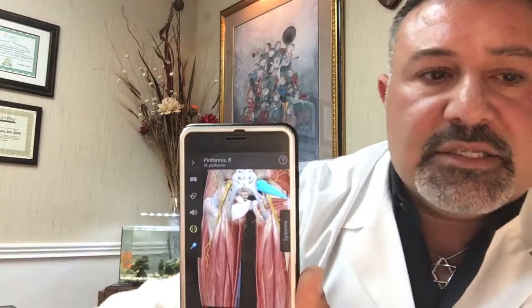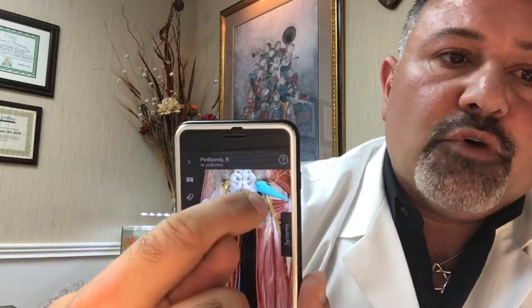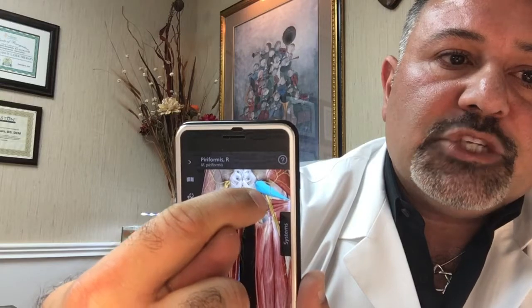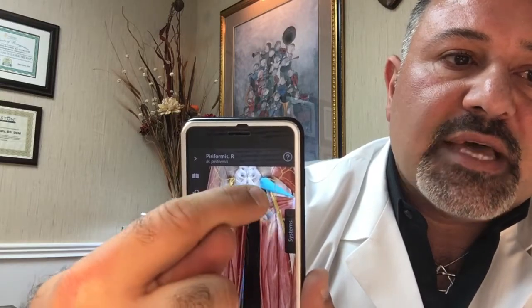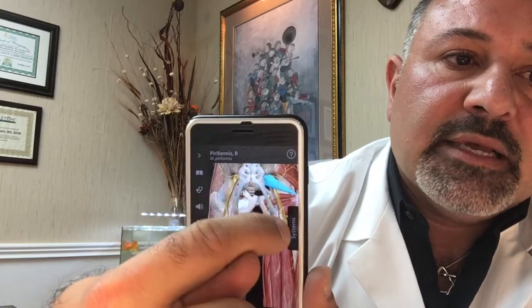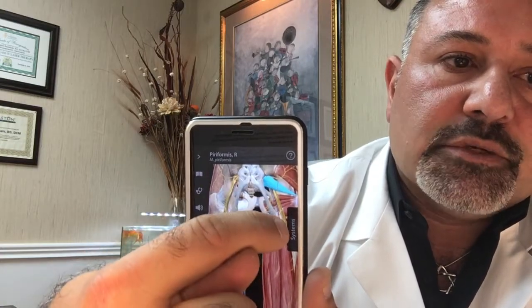Now, the piriformis muscle is right over here. As you can see, the piriformis is the muscle that has a direct correlation with the sciatic nerve. The sciatic nerve comes underneath that piriformis muscle.